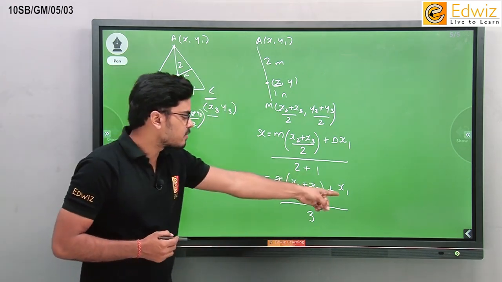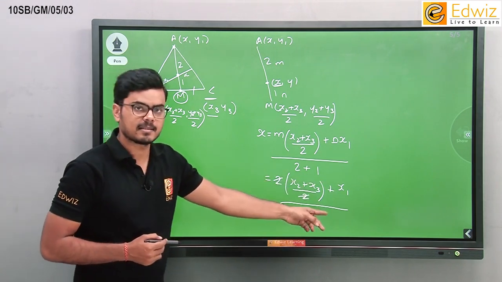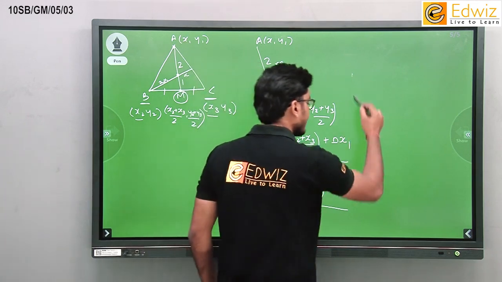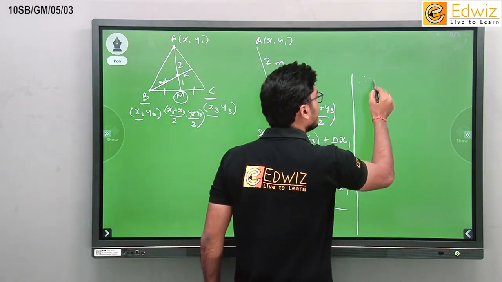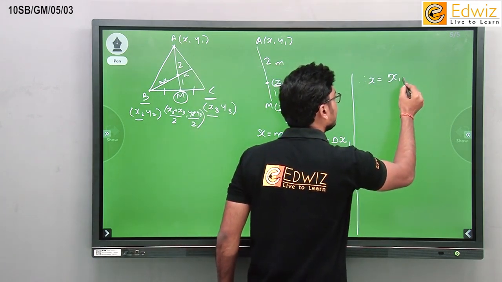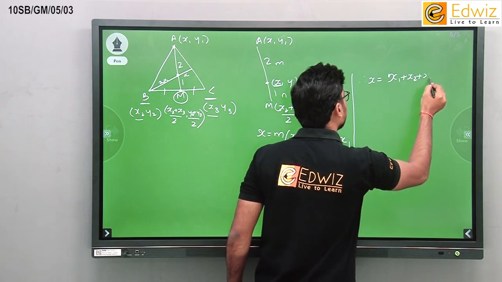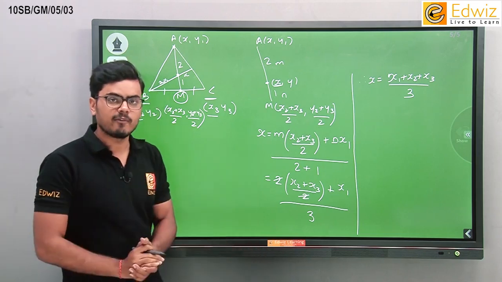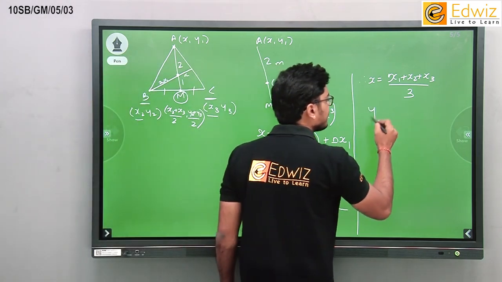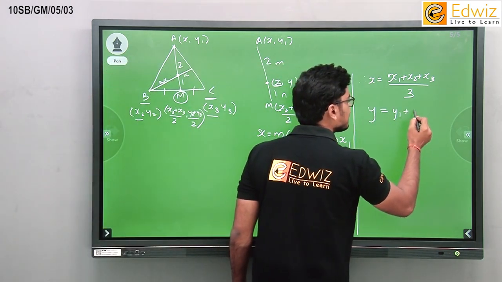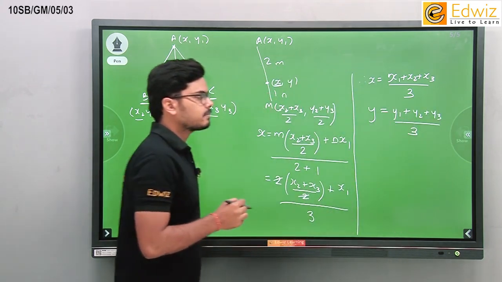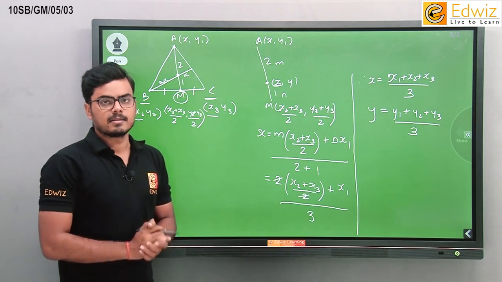Numerator में क्या आ रहा है, x1 plus x2 plus x3, denominator में just 3. That means the x coordinate of the centroid is x1 plus x2 plus x3 divided by 3, and similarly if you solve for y, the y coordinate of the centroid will be y1 plus y2 plus y3 divided by 3. Okay, this is the centroid formula.